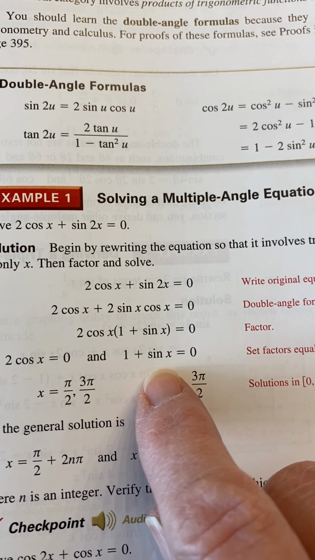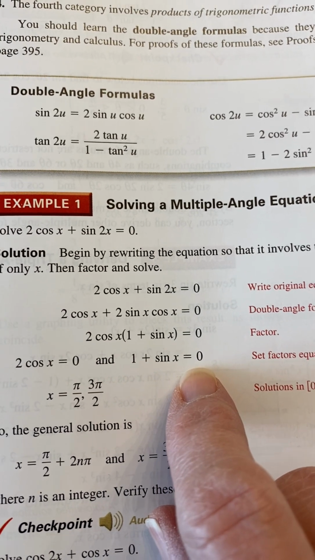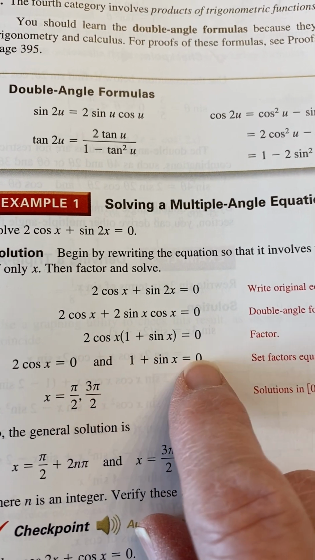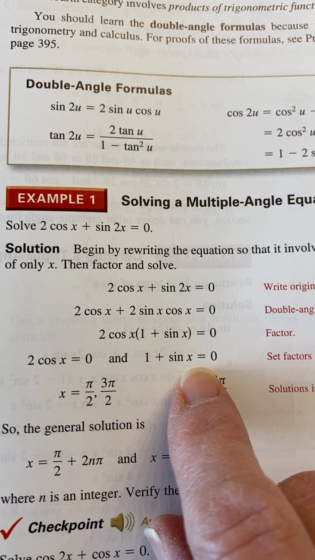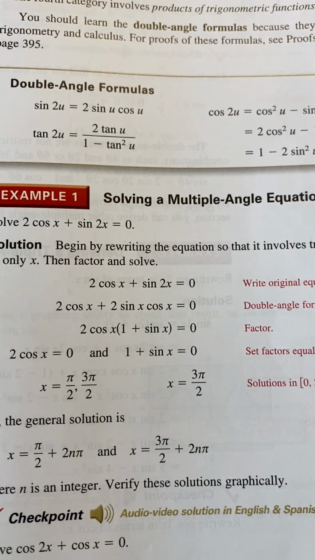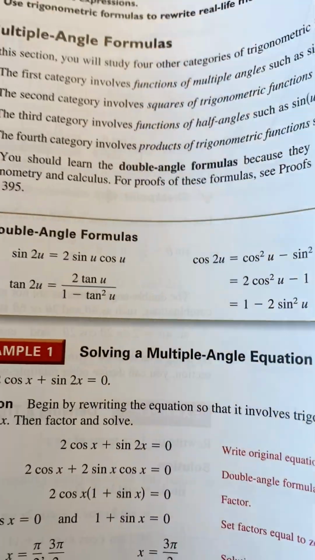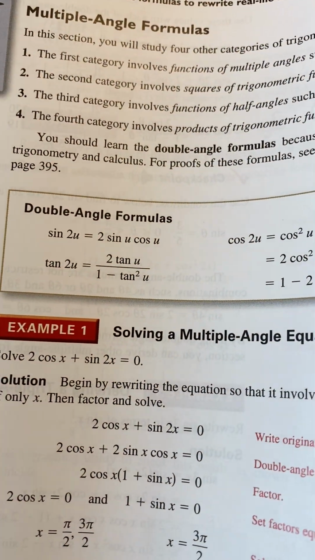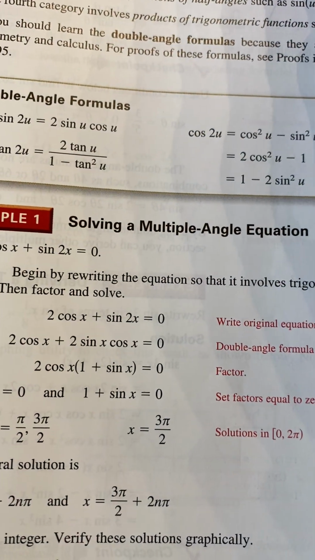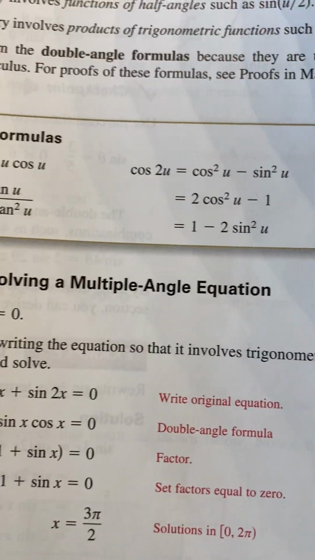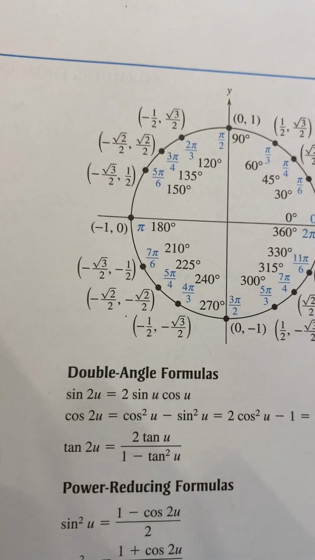If 1 plus sine x is equal to 0, you would subtract 1 from both sides, and you would want to find where the sine of x is equal to -1. So again, go back and look at your unit circle, here we go, unit circle in the back of the book.